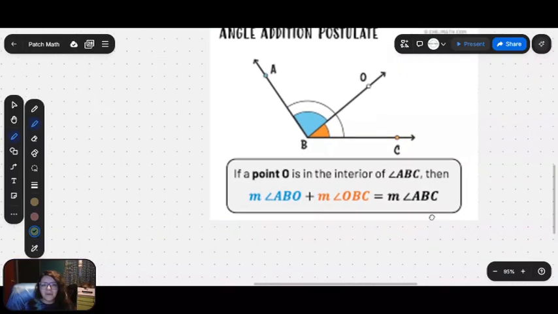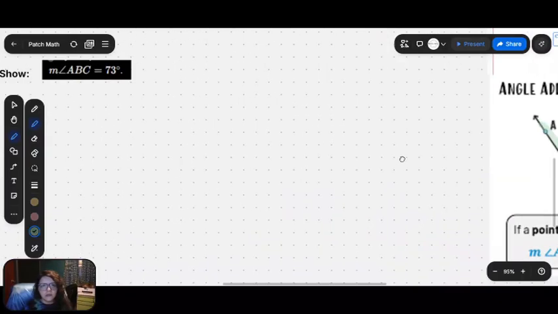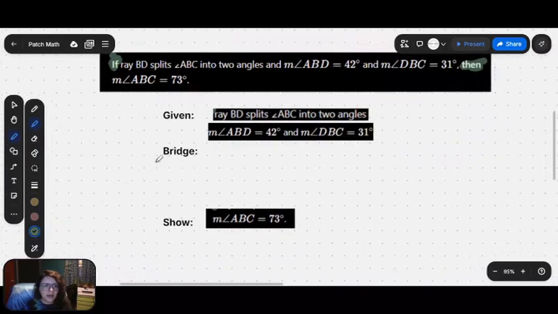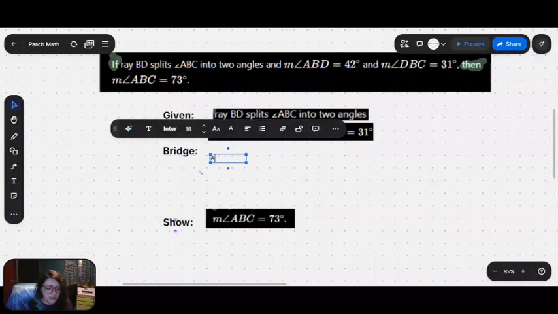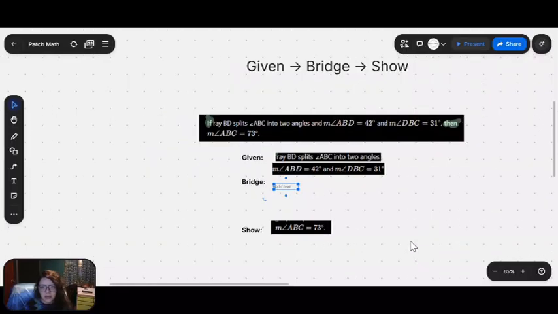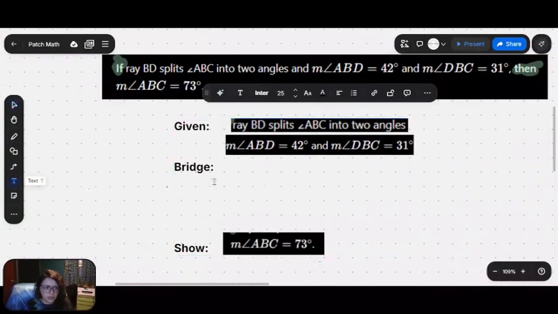Then we know that the measure of angle AOB, plus the measure of angle OBC, equals the external angle ABC. So we come over here, and the idea that bridges that gap is the angle addition postulate.